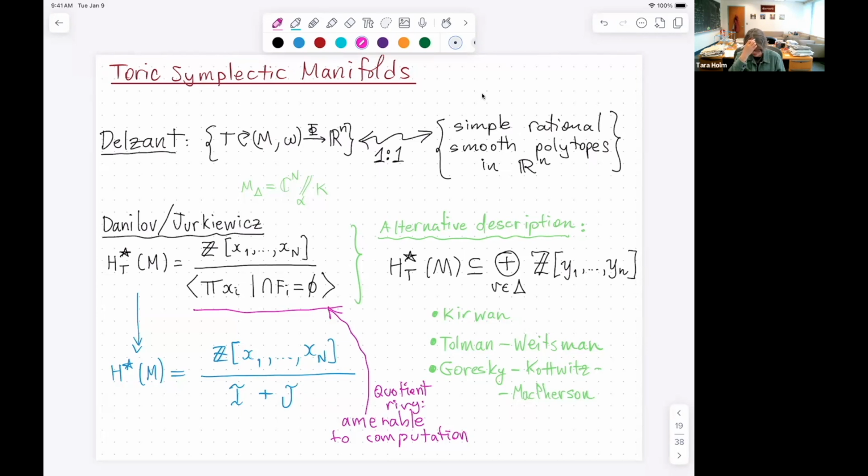This relies on work of Kirwan, also of Tolman and Weitsman, and on the algebraic side of Goresky, Kottwitz, and MacPherson. I'm not going to go too deep into the details, other than to say that this description exists, and it's valuable because it helps you establish certain properties of cohomology rings that are perhaps less obvious from the quotient ring construction.